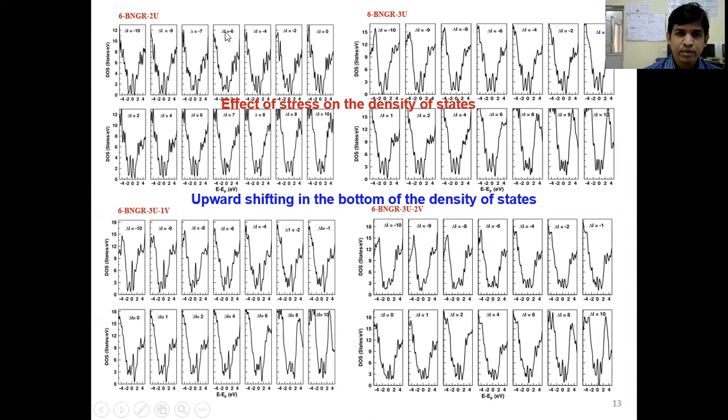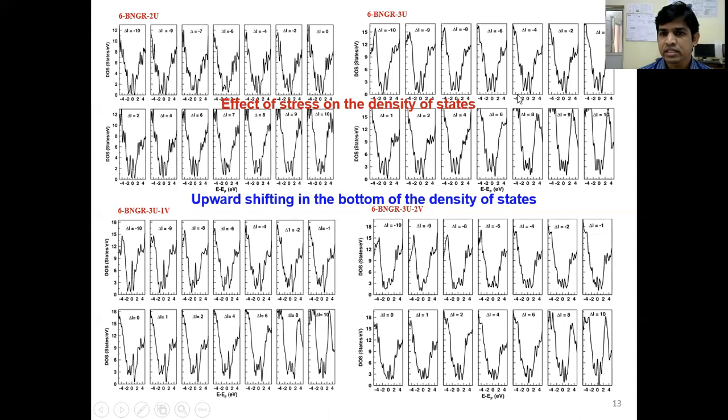So at 2%, 4% when length is reduced during the compression, there is no change. But afterwards, the bottom distribution of electronic states is shifted a little bit upward. Similarly, here after 6%, the shifting is higher, meaning states are shifting toward the upward direction.